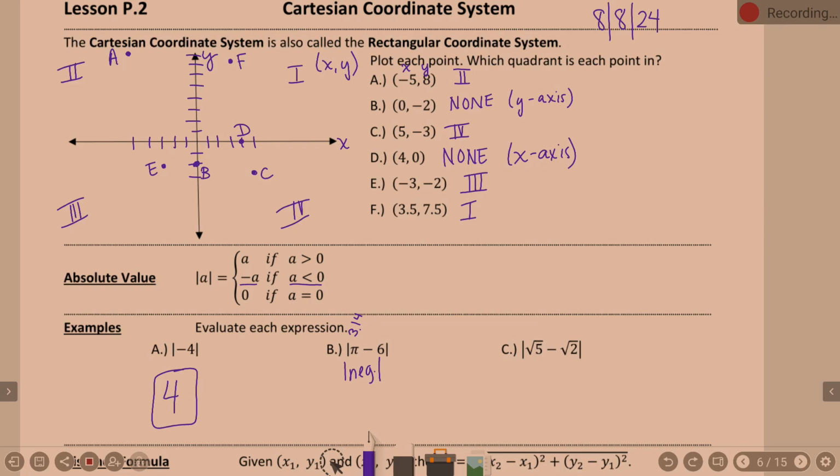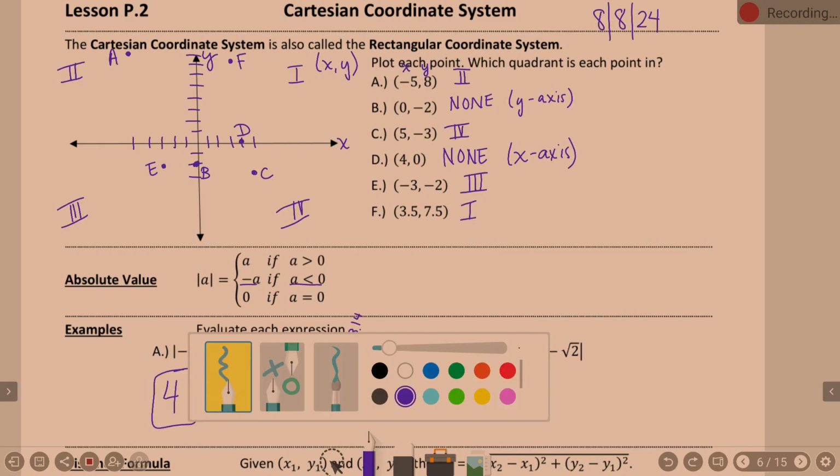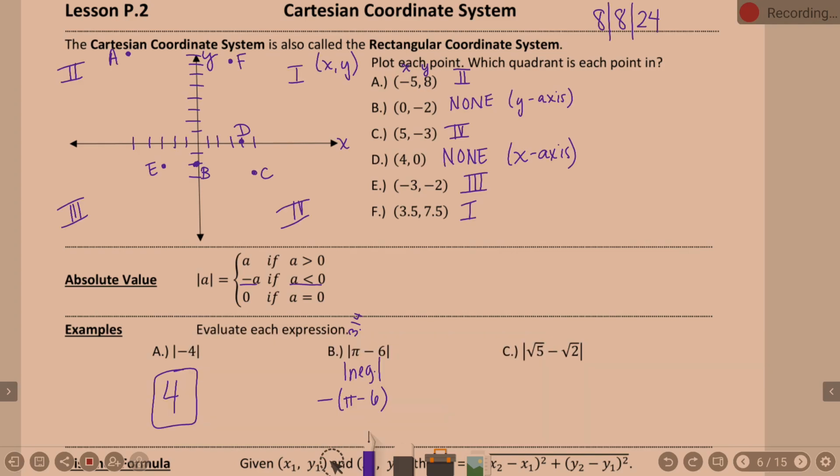So what that means is I'm going to do the opposite of pi minus 6. To do the opposite of something, we're doing the negative of it, or multiplying it by a negative. So when we distribute that negative, it does indeed become negative pi plus 6.